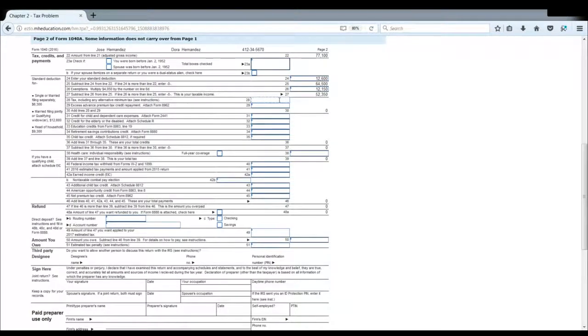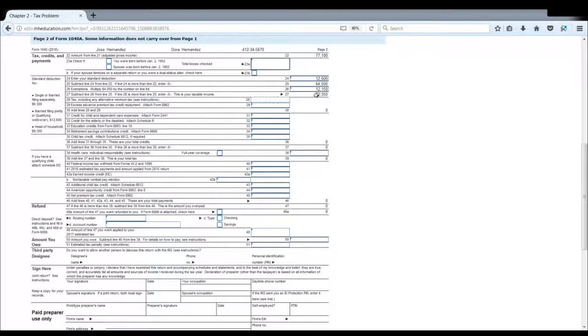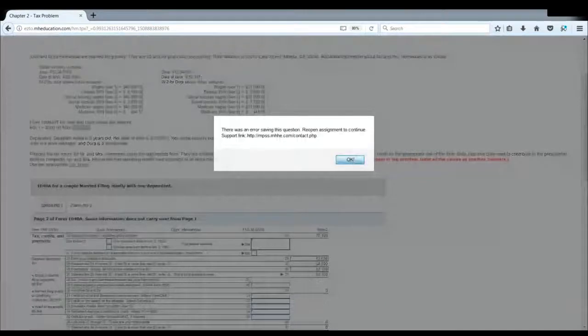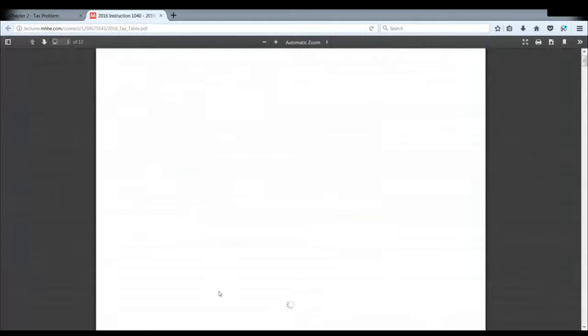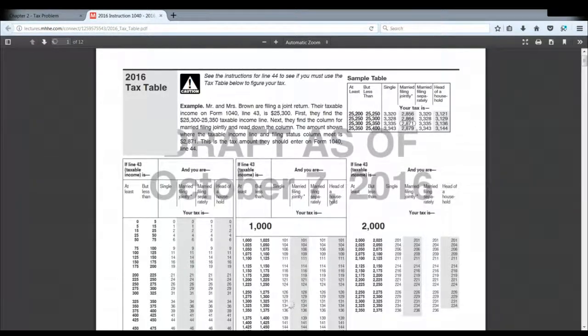Tax including any alternative minimum tax. So what do you guys get for that? I got 0. I'm pretty sure it was 0. This is your taxable income, so the 52,350. So let's go to, or was that the tax liability line?